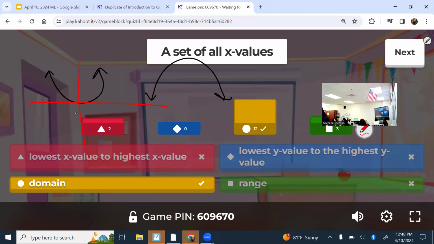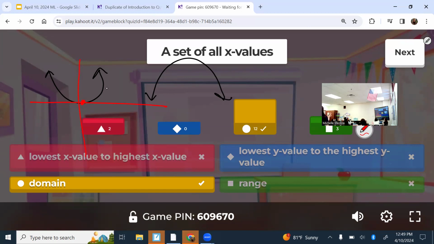Okay, where does it stop then? No, because the arrow means it goes on infinitely. Okay, so you think there are no x values to the left of this or to the right of this on the graph? Maybe this is where the y ends, but not the x's.